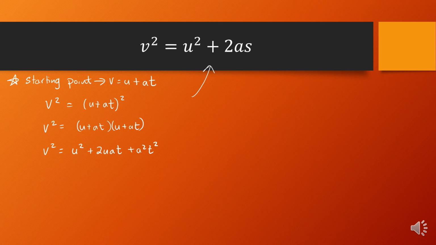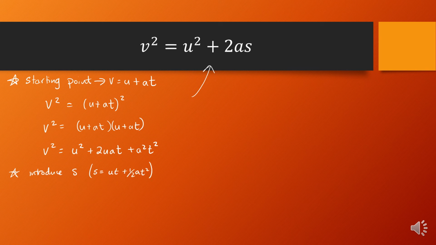Well, it's not a trick, but it's where we're aiming towards. We're going to try and find s. So introduce s, and if you remember from the second equation of motion, s is equal to ut plus a half at squared.